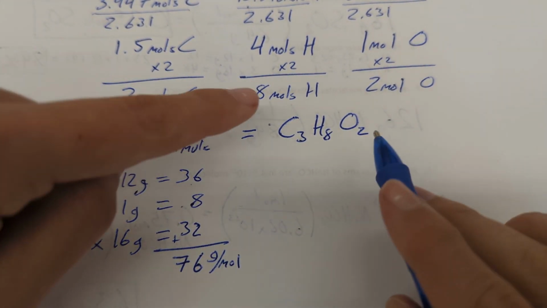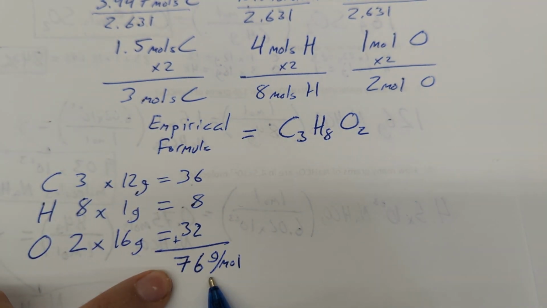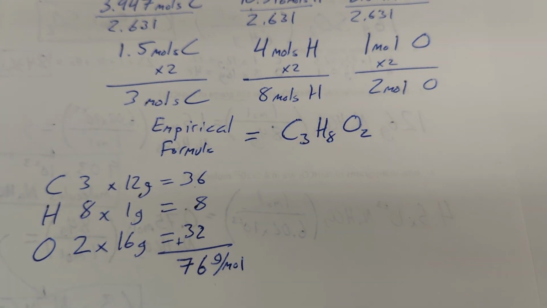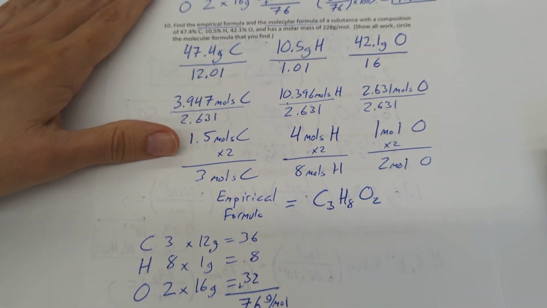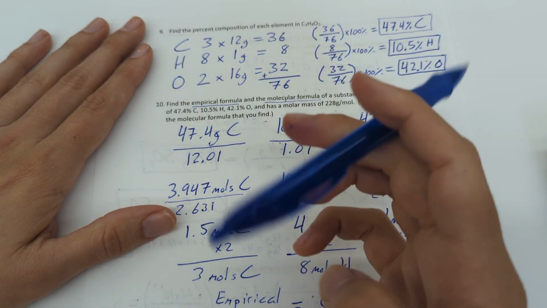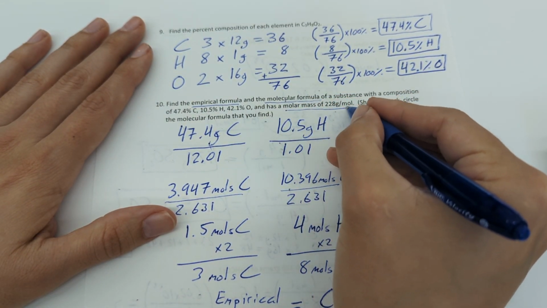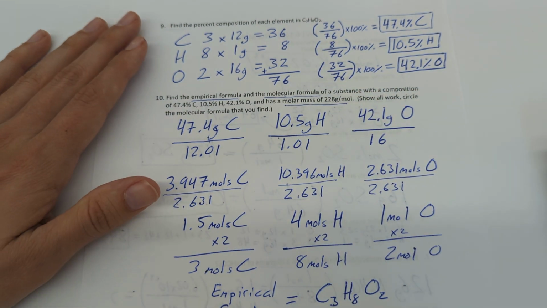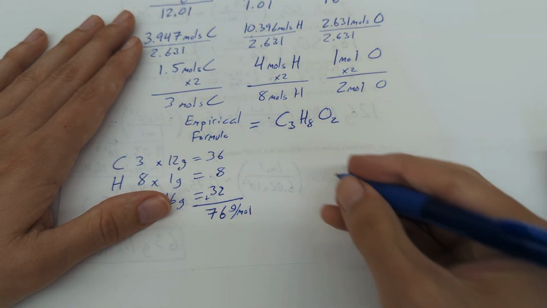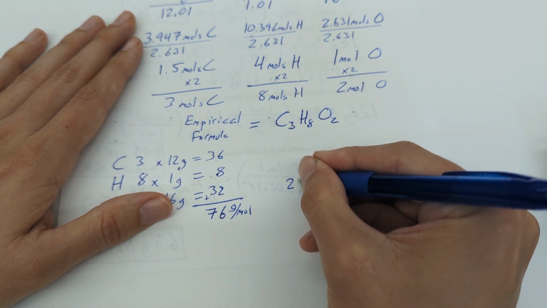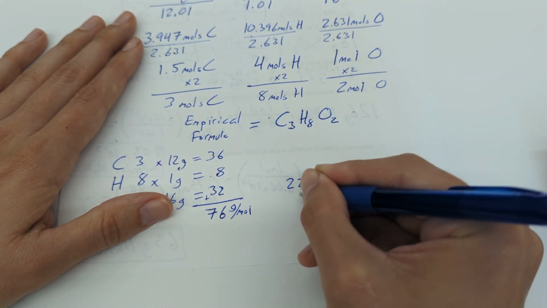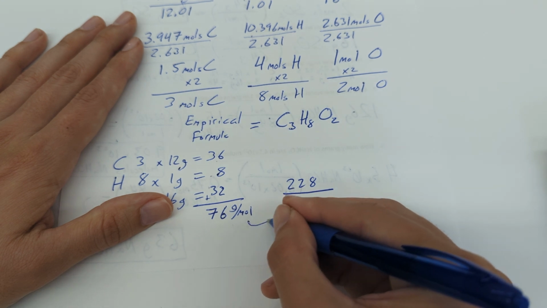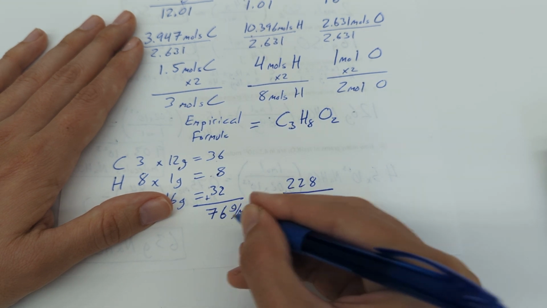So here's where we are now. We know our empirical formula, and we know how much it weighs. So the next thing I want us thinking about is looking back at the question. We know the molar mass of our molecule, 228 grams per mole. So our next step, we are going to take the 228 grams per mole and divide it by this number right here, the molar mass of our empirical formula.